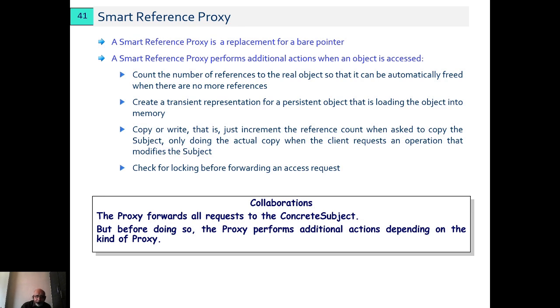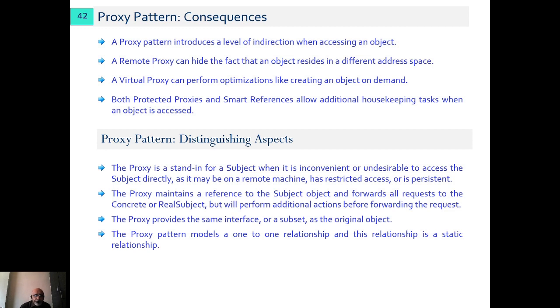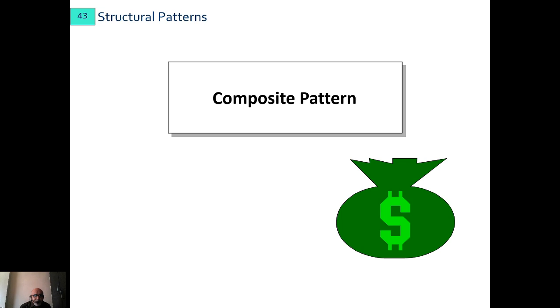The object getting referred can only provide the information, but it does not provide the write back sequences. It is copy on write. So if it exists, locking before forwarding an access request is a must. So locking happens over there. There are consequences that you can read and understand when you have the time.